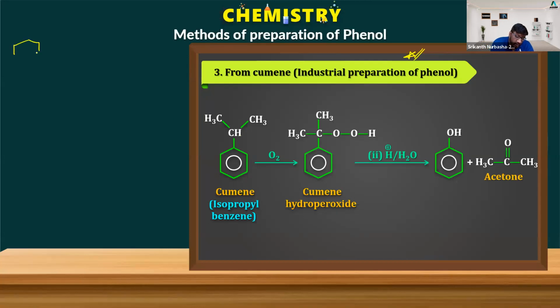Whatever cumene we have will lead to the formation of a free radical in this fashion. Yes or no? And whatever O double bond O we have will be converted to O dot, OH, like the double bond is now converted to a single bond.